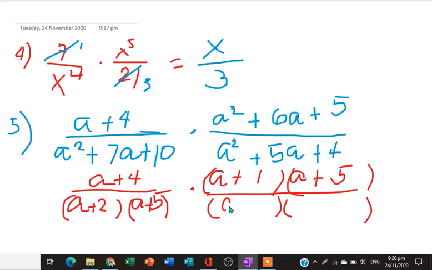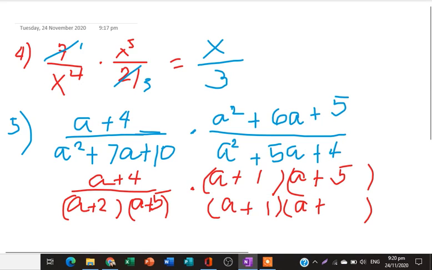Again, so this is a plus 1, then a plus 5. Rather, a plus 4. This is a plus 4. Because 1 times 4 is 4. 1 plus 4 is 5.